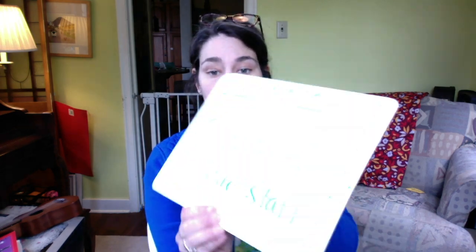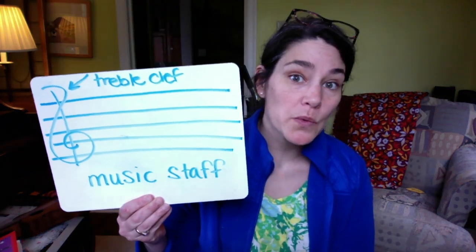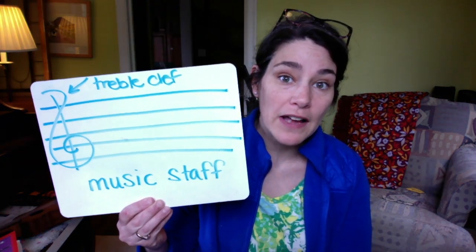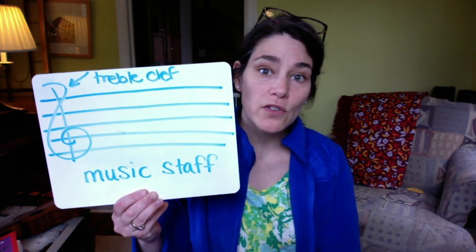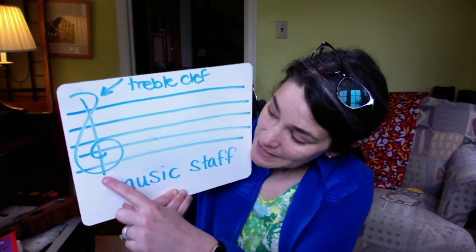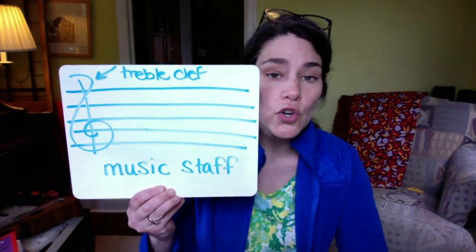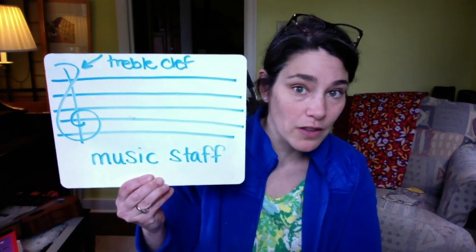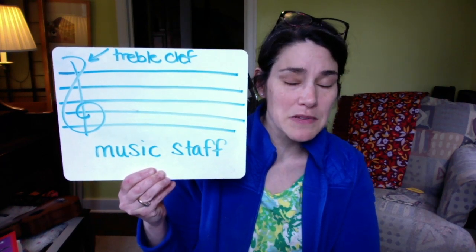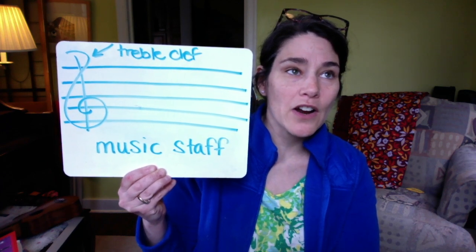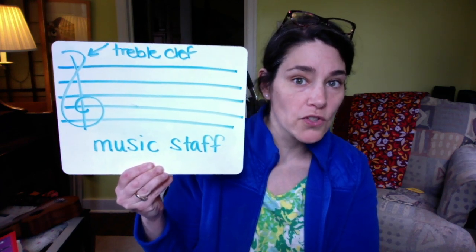Before we can begin and play recorders, we have to review a little bit about the lines and spaces and the information about the music staff. The music staff is the place where the notes live. It's made up of 5 lines, and in between the lines are 4 spaces. At the beginning of the music staff is a curlicue thing called a treble clef, and this generally means that this is where higher sounding notes are.